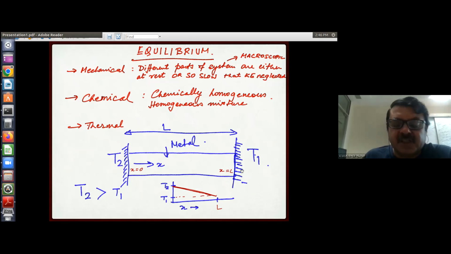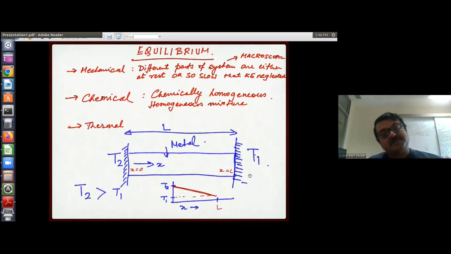You might have heard or read about Fourier's law of conductivity, that finally it will reach a steady state, so that this end is at temperature T2, this end is at temperature T1, and there will be a linear temperature gradient across the block, right? But that is a steady state and not equilibrium.